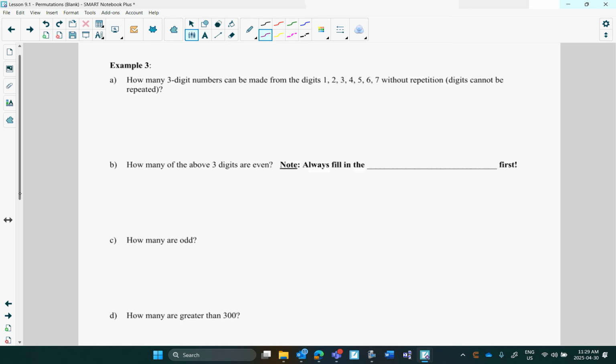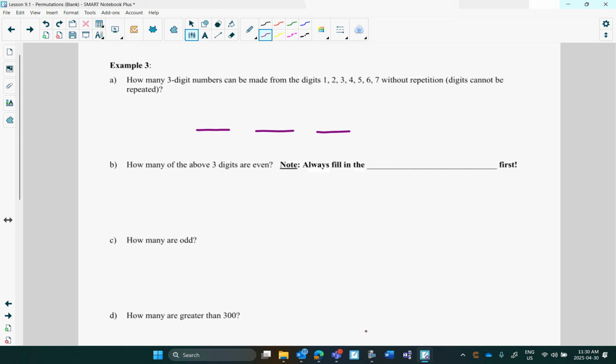Let's take the situation here, where I'll ask you a few. How many 3-digit numbers can you make using the digits 1, 2, 3, 4, 5, 6, 7 without repetition, meaning you can't use a digit more than once? So your number can't contain 2 1s or 3 1s or 4 2s. It can only contain one of each. Well, I'm making 3-digit numbers. So I'm going to put a position for each digit because there's a certain number of digits I can use for each position of the 3-digit number.